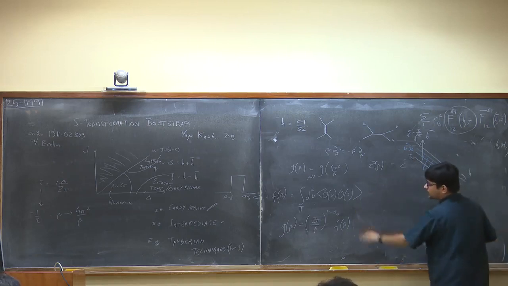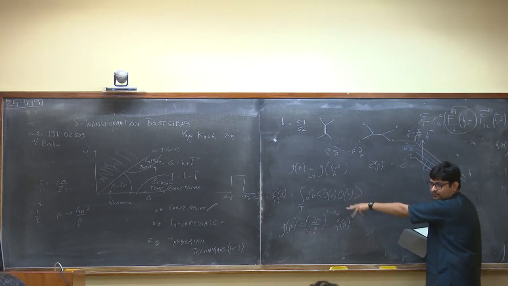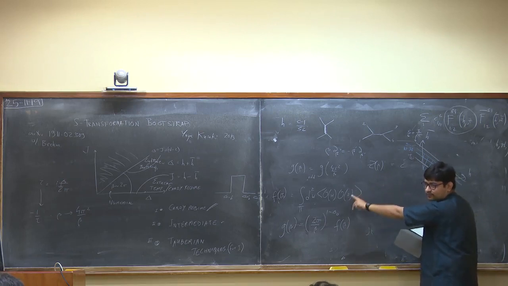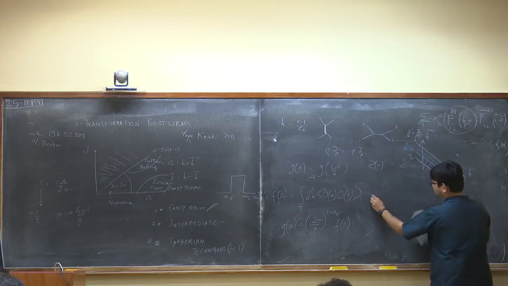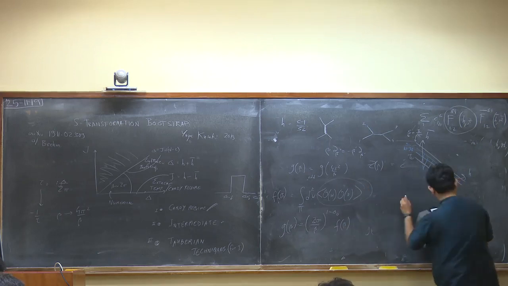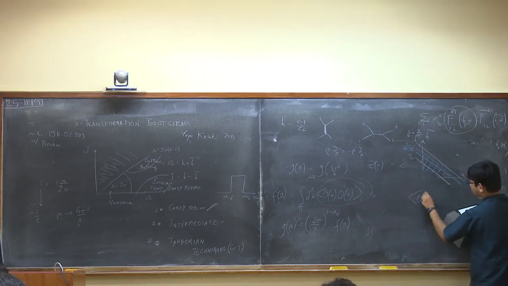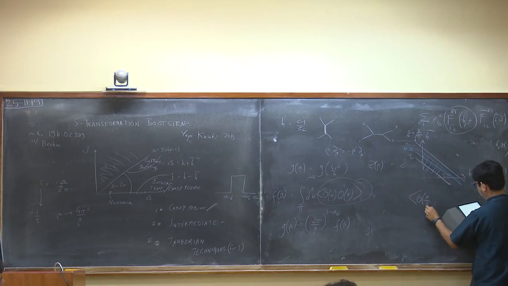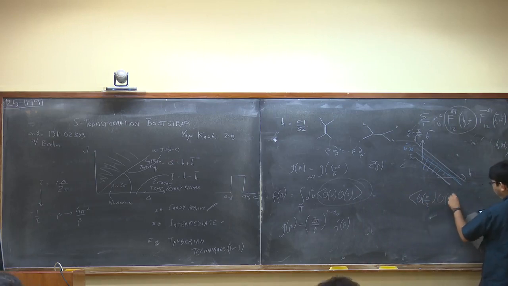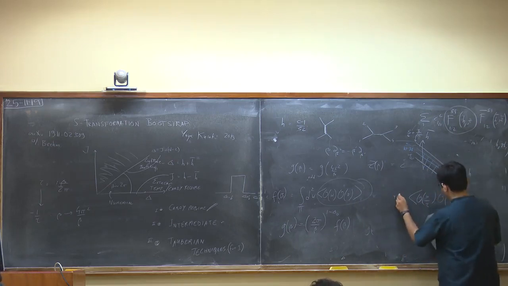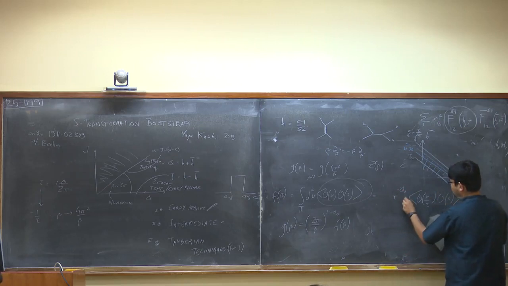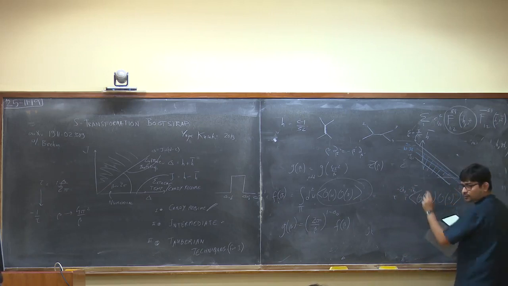I'll just use 2 lines to derive why this is modular invariant. If I start with this, I already know that it is equal to the correlator of O(W, tau) O(0) for the -1 by tau torus, times tau to the power -2 h_O, tau bar to the power -2 h_O bar.